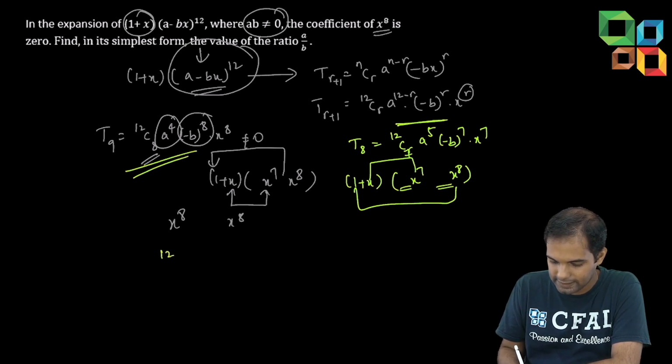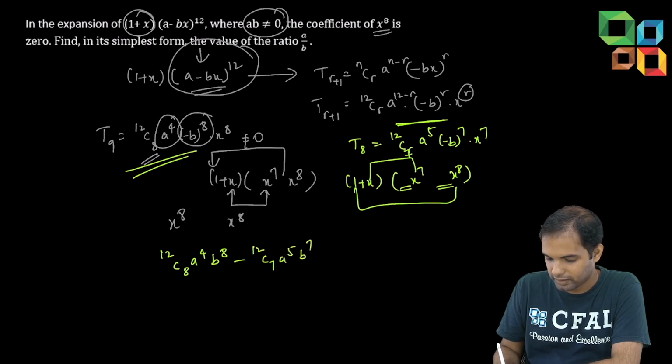So it is 12c8 a power 4 b power 8. Here is a minus sign, so I'll add them: 12c7 a power 5 b power 7 is equal to 0. It's just the sum of the coefficients. With this minus sign, they both should be equal.